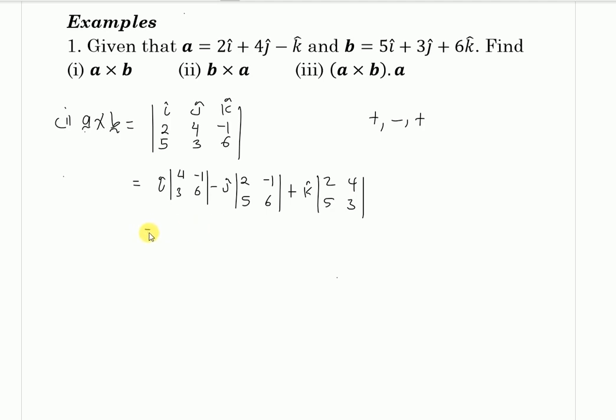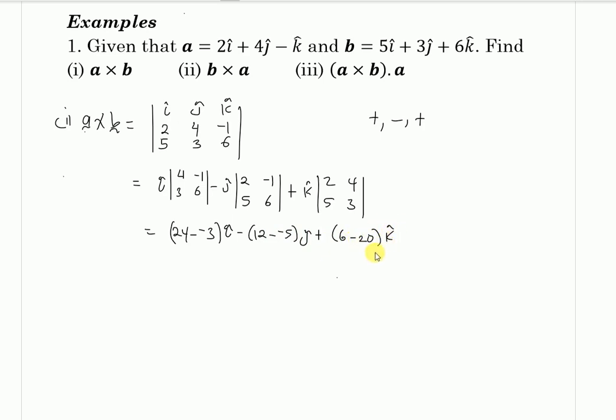At the end of it, this one is 24 minus -3. That is I. Minus, this one with the leading diagonal is 12 minus -5. That is J. Then plus K: this one is 6 minus 20.